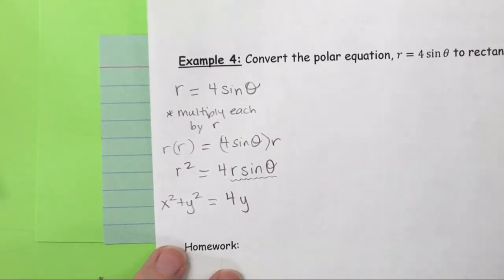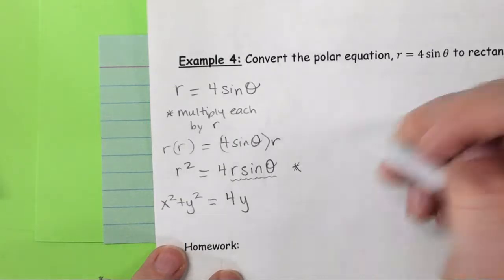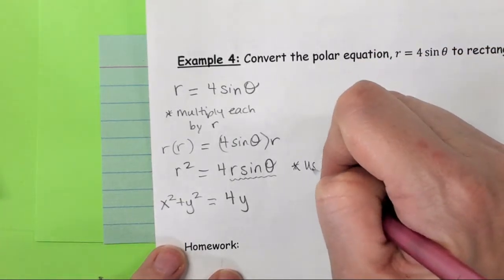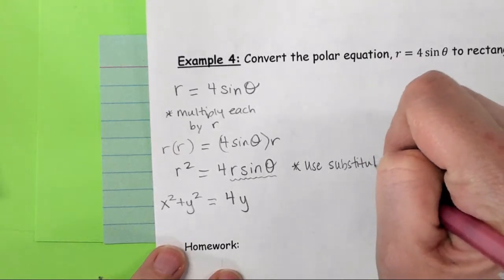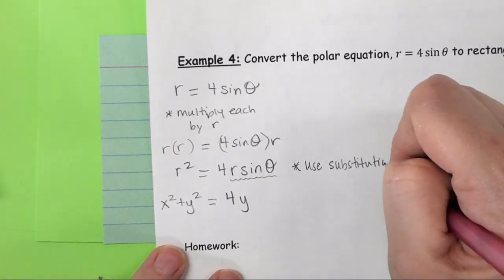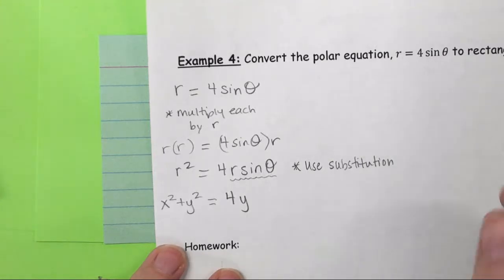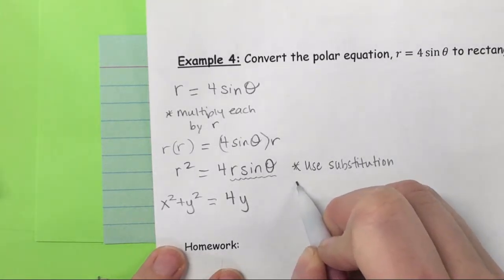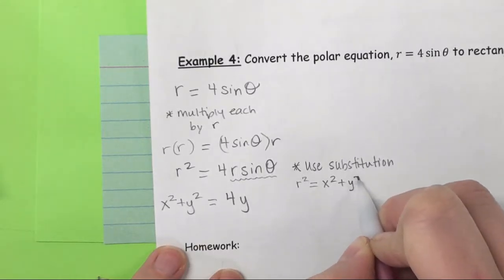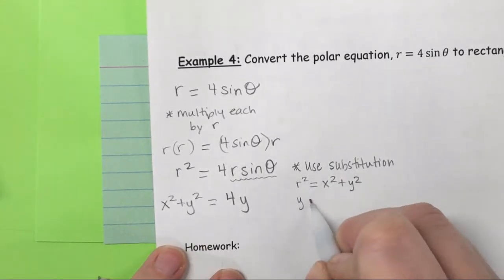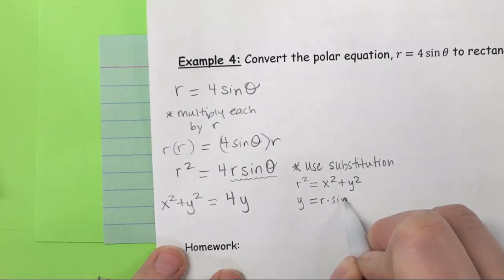Again, I'll write a little note on the side that we are going to use substitution because we know that r squared equals x squared plus y squared, and we know that y equals r times the sine of theta.